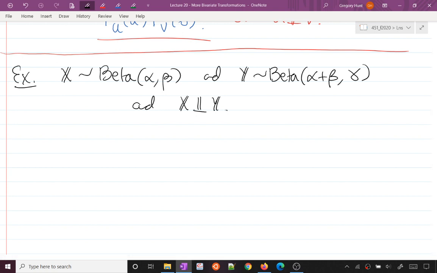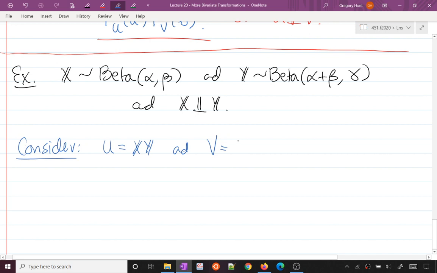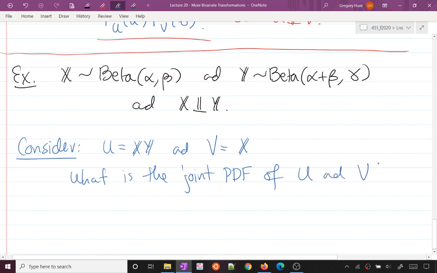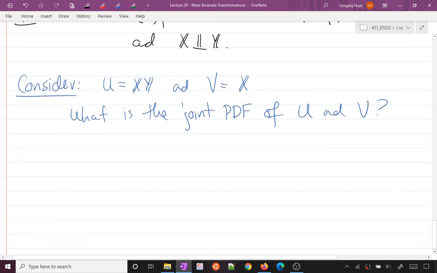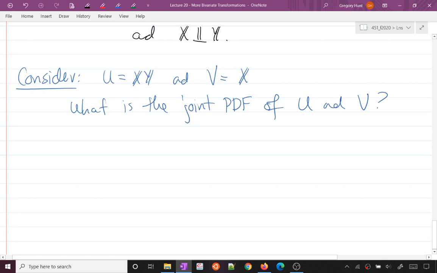If I were to ask you, consider a transformation of these, where u is the product of x and y, and v is just x, what is the joint PDF of u and v? It might be good if you could pause here and try the problem, and then you could watch and we could talk about how I would approach it.